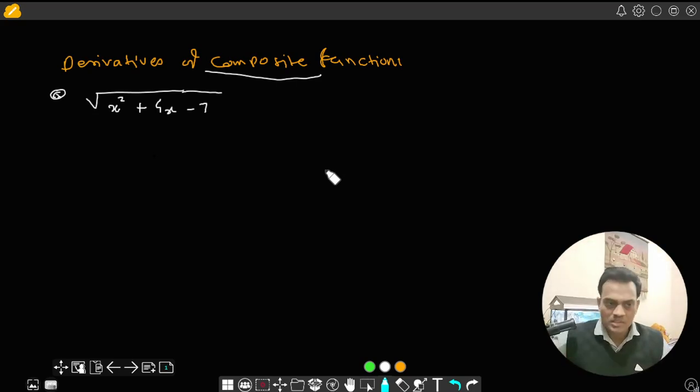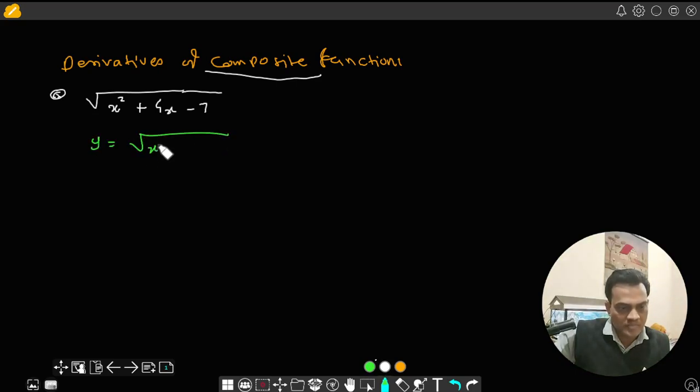It is because this is dependent on x square plus 4x minus 7, which is one function, and square root itself is another function. So the net output, if I consider this as y, then y is equal to square root of x square plus 4x minus 7.